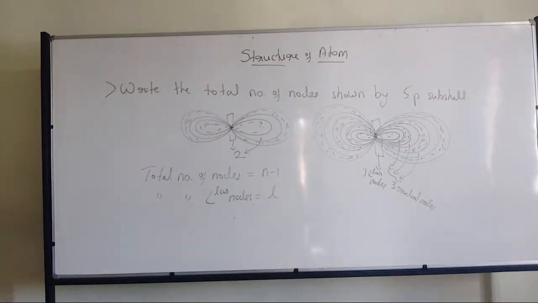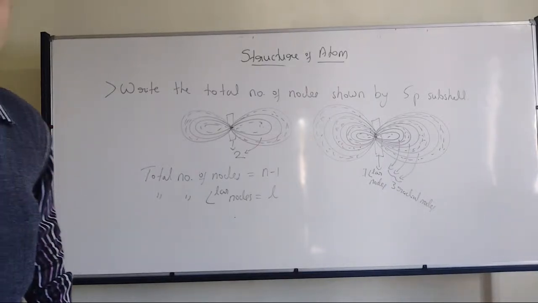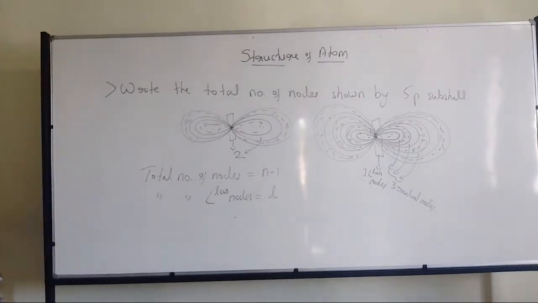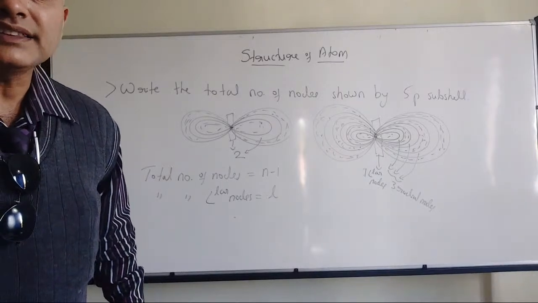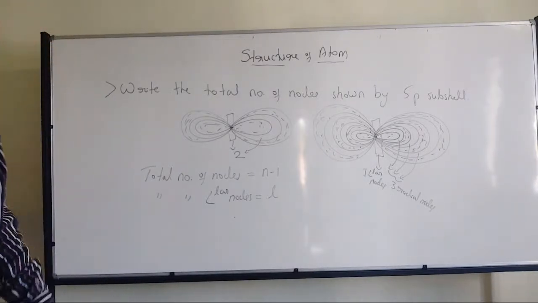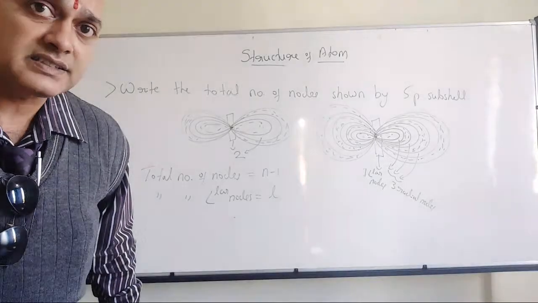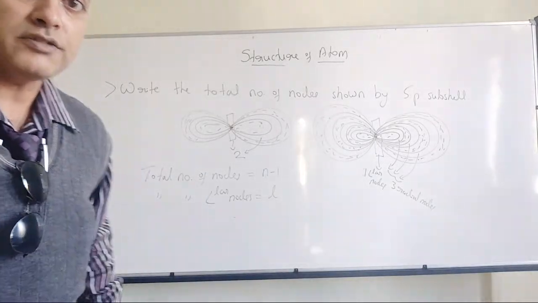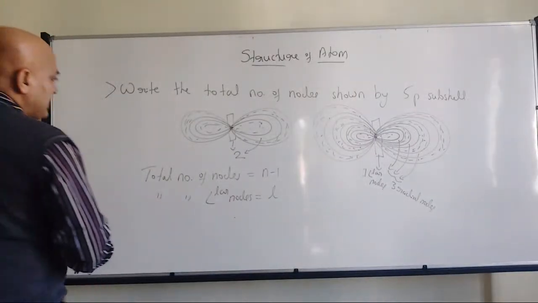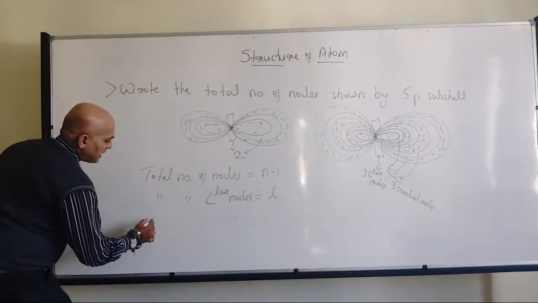Please remember, these things you can expect even in your competitive exams. They have asked. So total number of nodes is equal to n minus 1. Total number of angular nodes is equal to small l, that is azimuthal quantum number. So what will be the total number of radial nodes in that case? How to find out? It cannot be n minus 2.